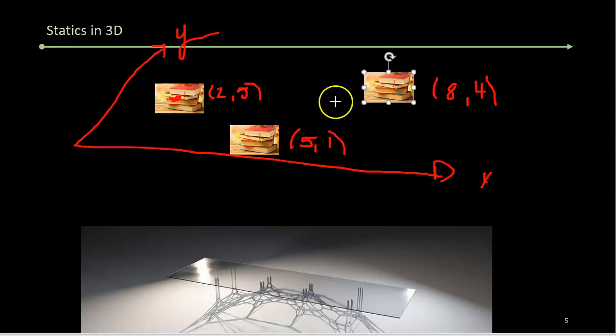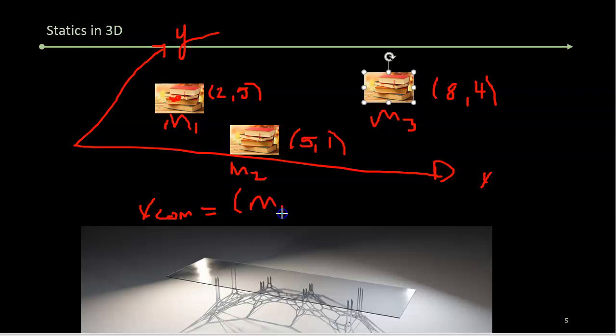In X, we're going to call this M1, this M2, and this M3. The X center of mass is just M1, whatever that mass is, times 2, its X position, plus M2 times 5, plus M3 times 8.